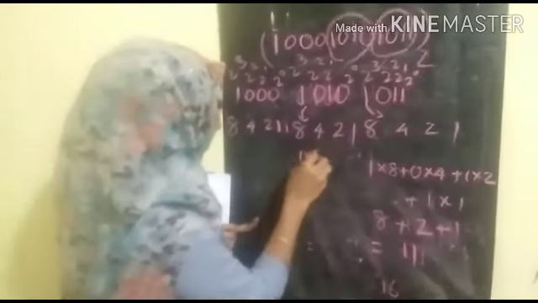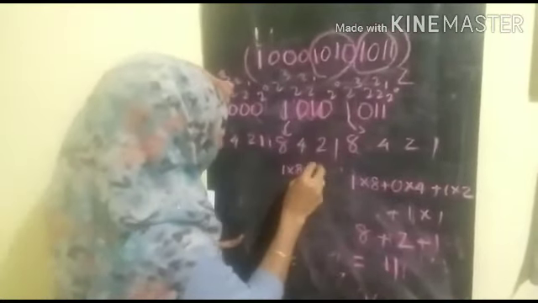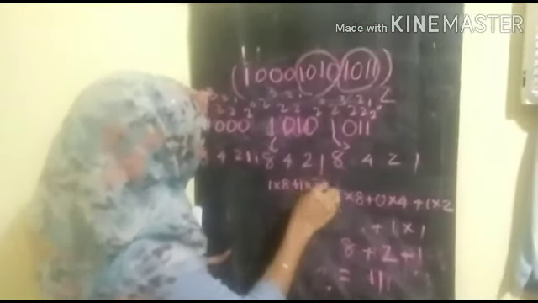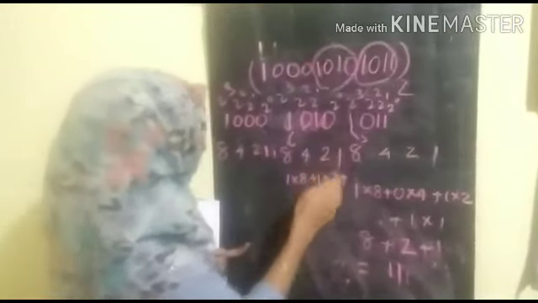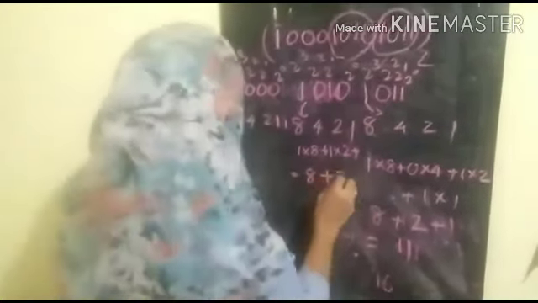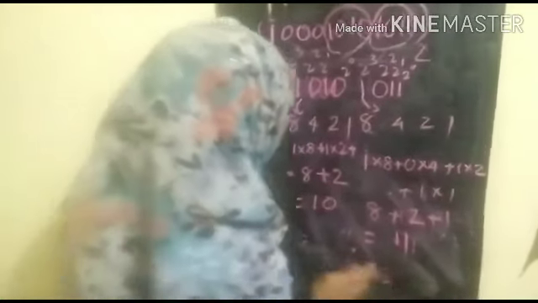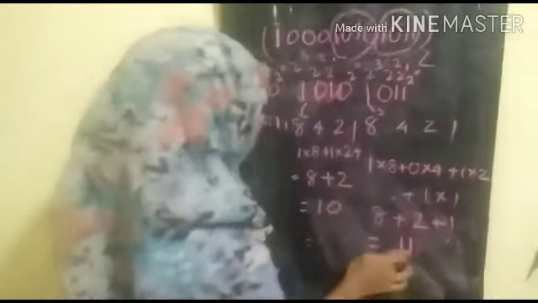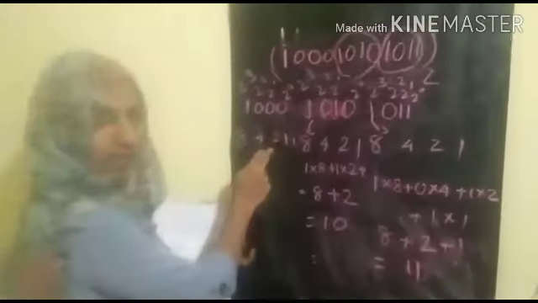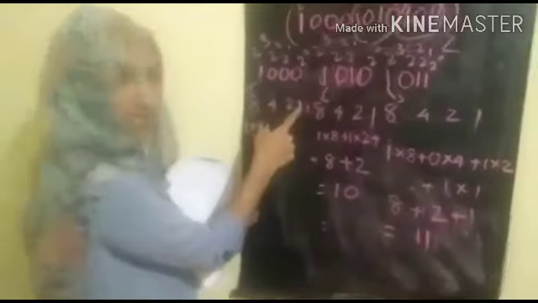Okay, again, 1 into 8 plus 0 into 4 plus 1 into 2 plus 0 into 1. It is 8 plus 2, that is 10. This is 11, this is 10. Then the third part: 1 into 8 plus 0 into 4, 0 into 2, 0 into 1 is 0.